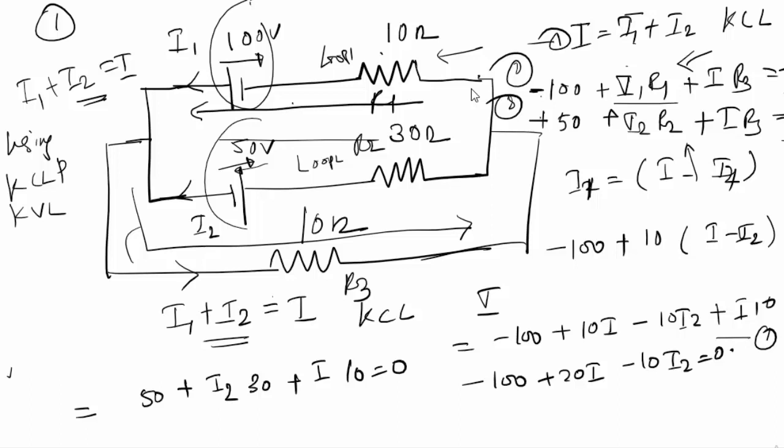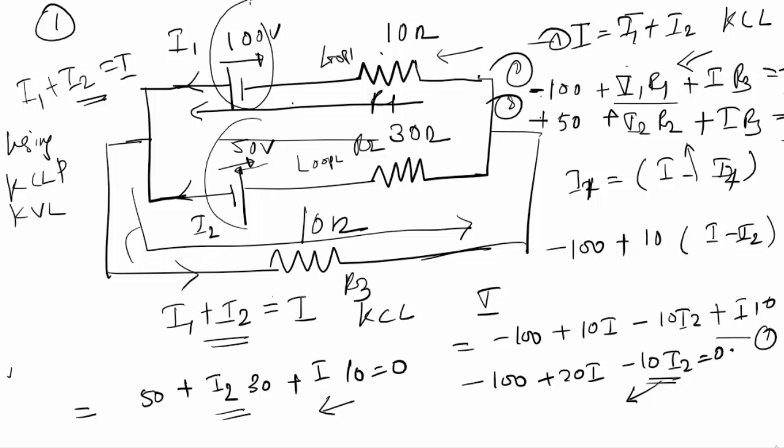So now you have got two equations, and from these you can easily get the value of I2, or you can easily get the value of I and substitute it here. So that's one way to solve.